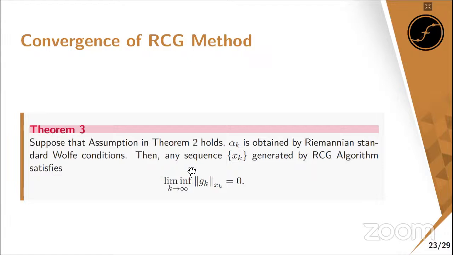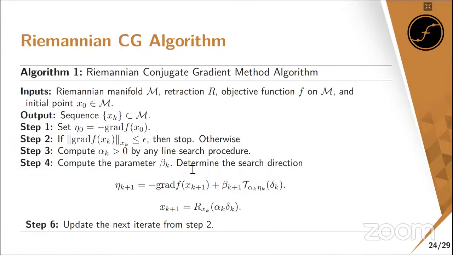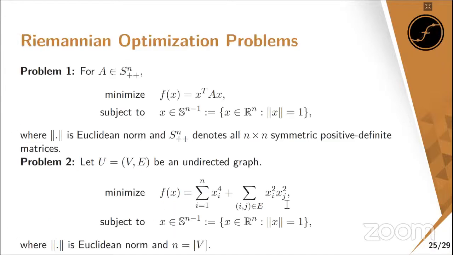So we are still working on the work. In order to implement the algorithm, the Riemannian CG algorithm is given by this. These are some Riemannian optimization problems that we will use in order to implement these algorithms.